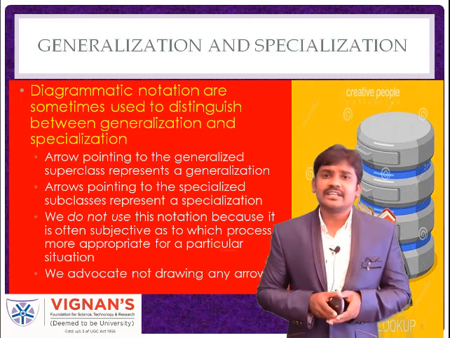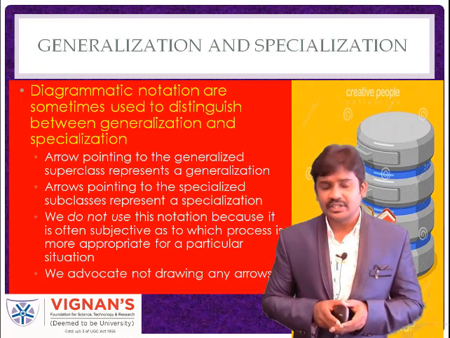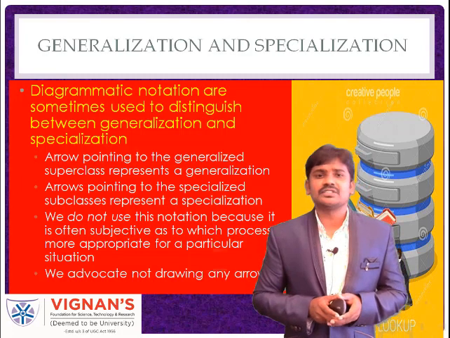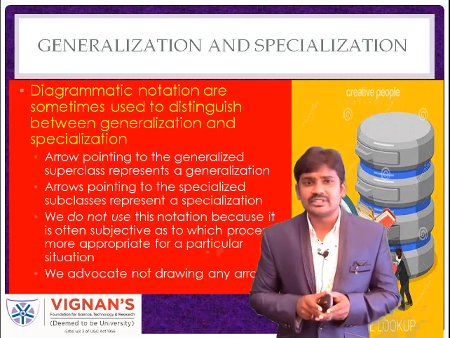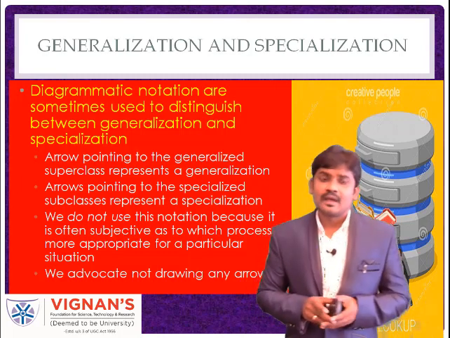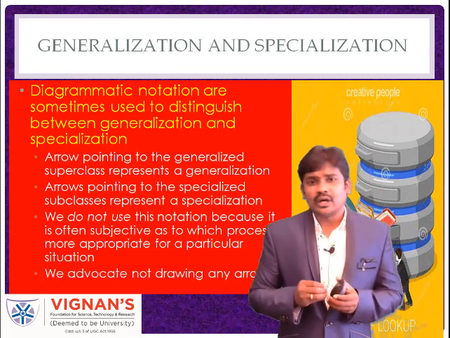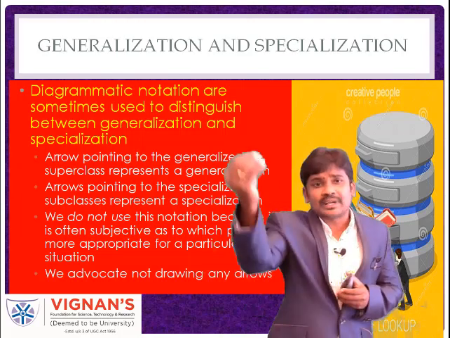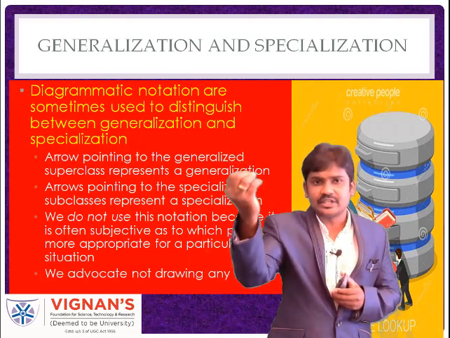Next, generalization and specialization. Diagrammatic notations are sometimes used to distinguish between generalization and specialization. An arrow pointing to the generalized superclass represents generalization.